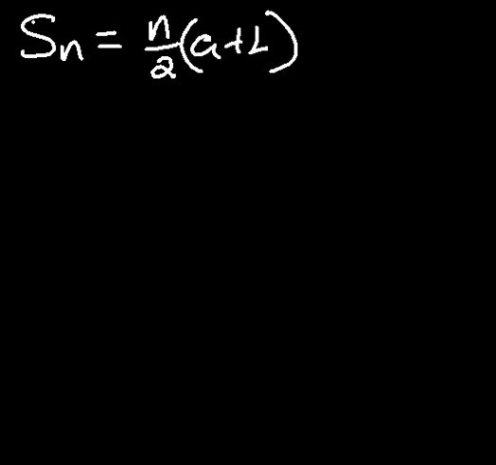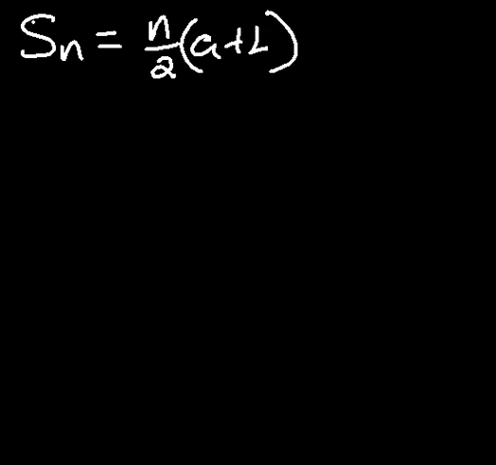This formula works if we have the last term, but if we do not have the last term, we cannot use it. Here n is the number of terms, along with the first term and the last term.